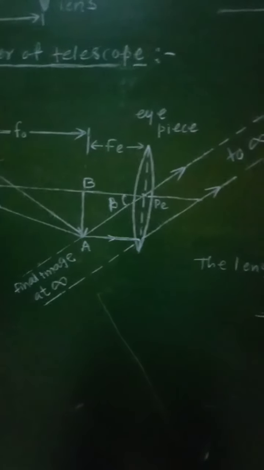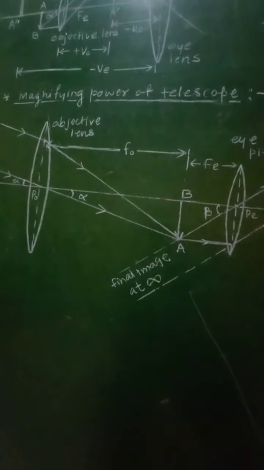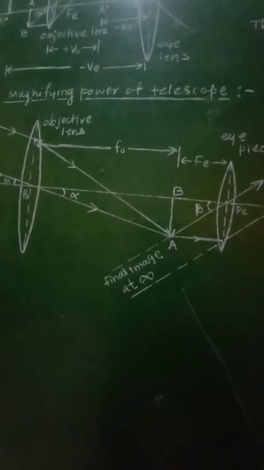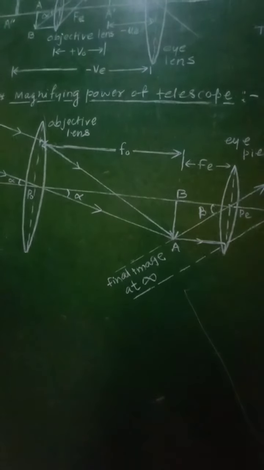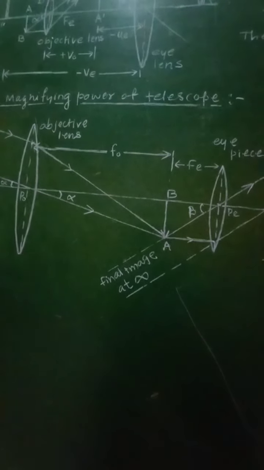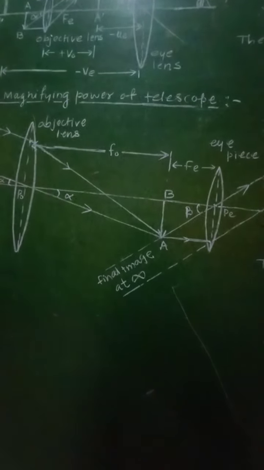And therefore from this diagram now we can state some of the theoretical part like this. If you consider the beam of incident rays, it is inclined at an angle alpha with the principal axis, while the emergent beam is inclined at a greater angle beta with the principal axis, causing angular magnification.